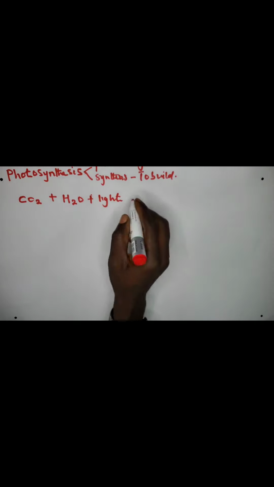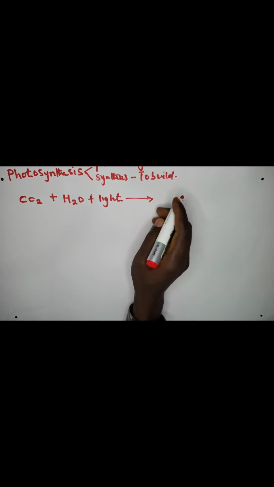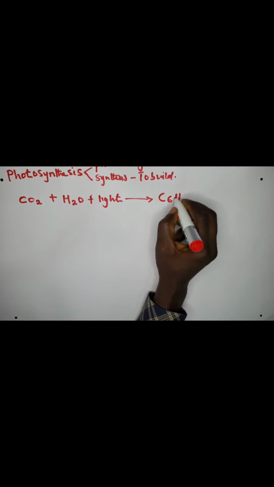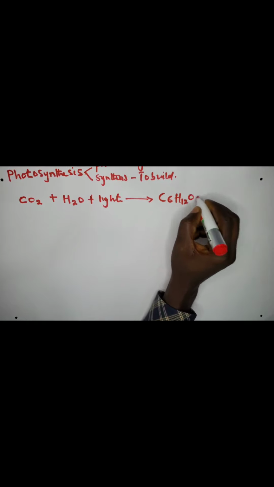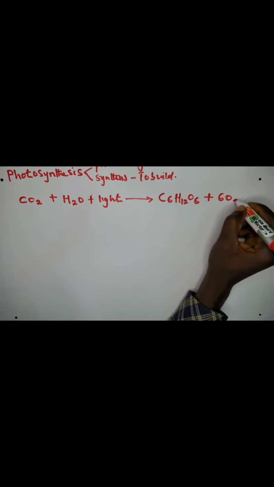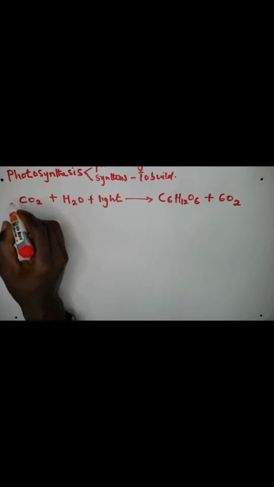So putting this in a reaction now, the product will be glucose plus oxygen as byproduct. So we can balance this reaction by saying we have 6 carbon here.